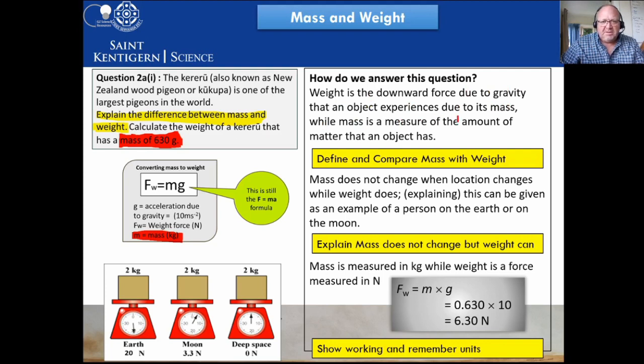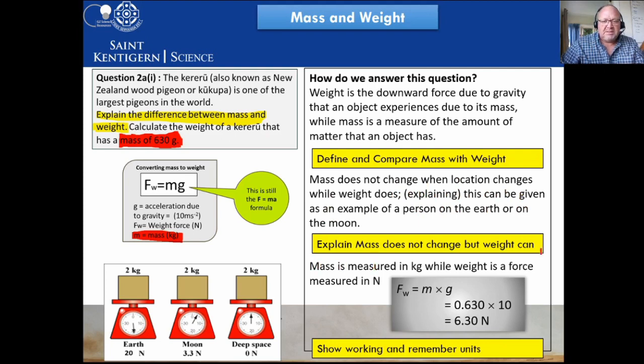Weight is the downward force due to gravity that an object experiences due to its mass, while mass is a measure of the amount of matter that an object has. Mass does not change, whereas weight changes due to your position on different planets. Define and compare mass and weight. Mass does not change when location changes, while weight does. I'm sorry it repeats so much, but you have to be able to give this definition, okay? This applies to any person on Earth or on the Moon.